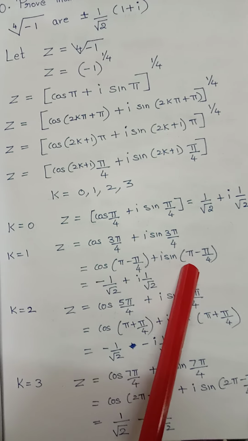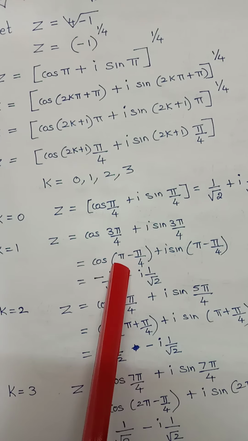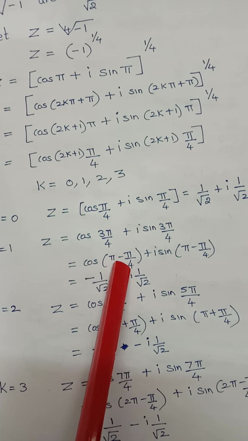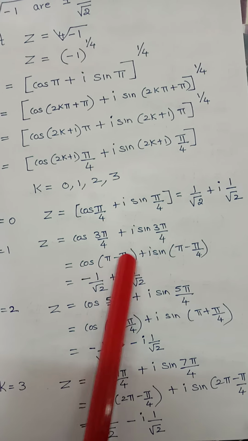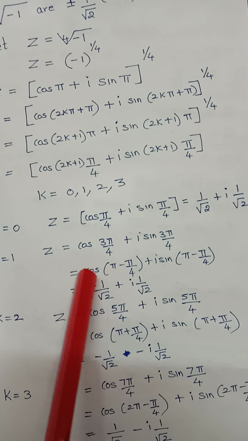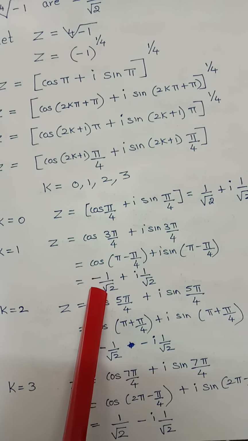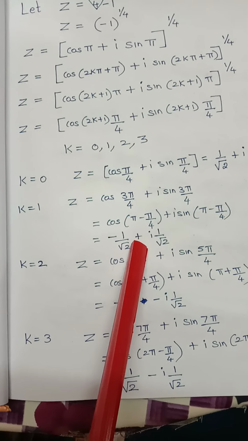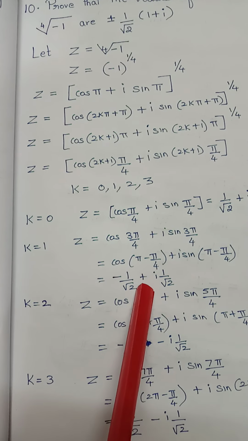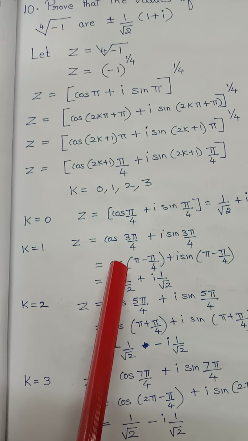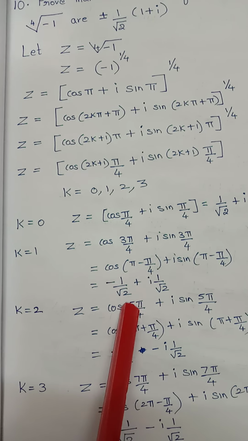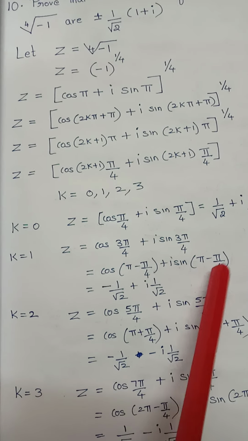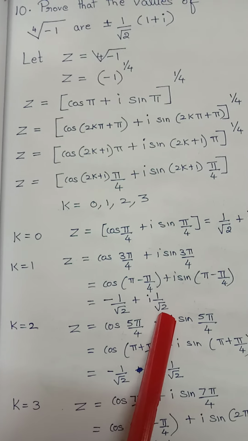To find out which quadrant. Pi minus means 180 minus, and 180 minus means second quadrant. In the second quadrant, only sine is positive, cos will be negative. So here I have to put a minus sign, and near sine I have to put a plus sign. Now cos pi by 4, that is cos 45 degrees, is 1 by root 2. Sin pi by 4, sin 45 degrees, is 1 by root 2.